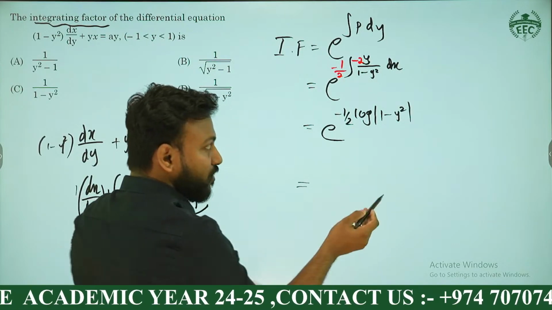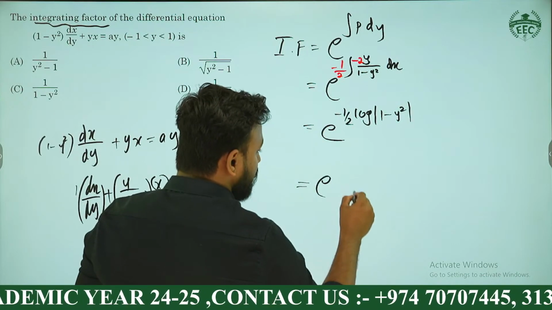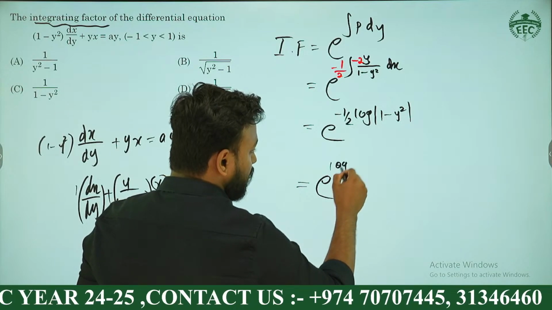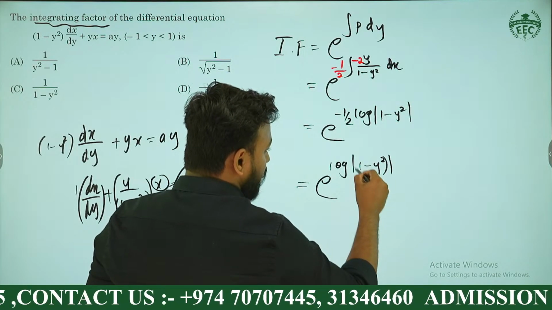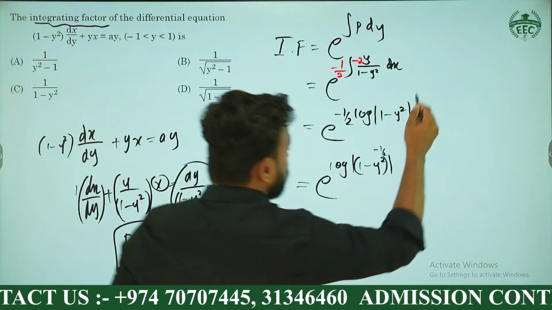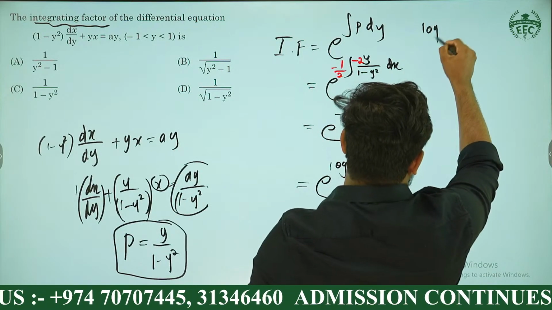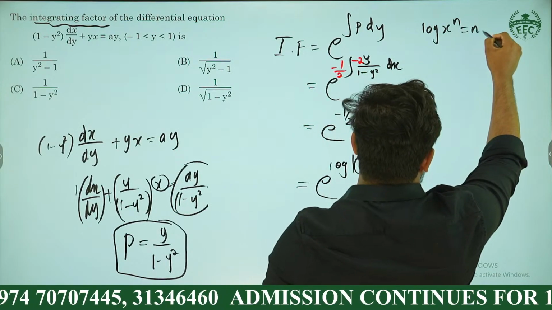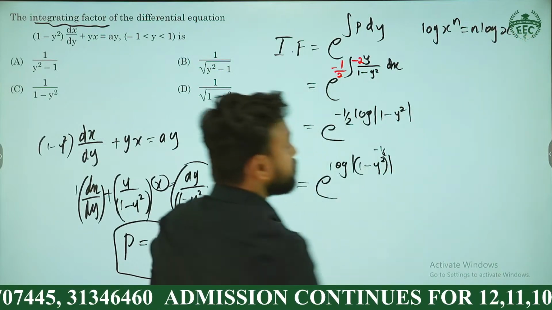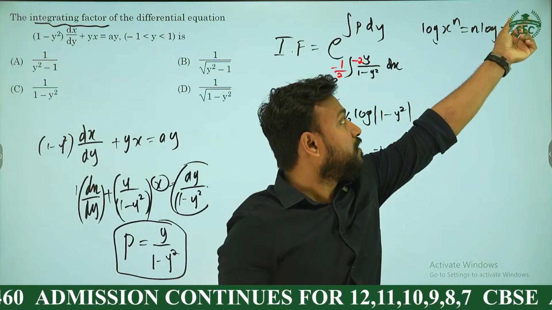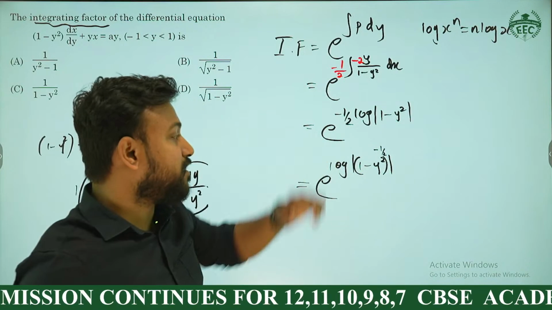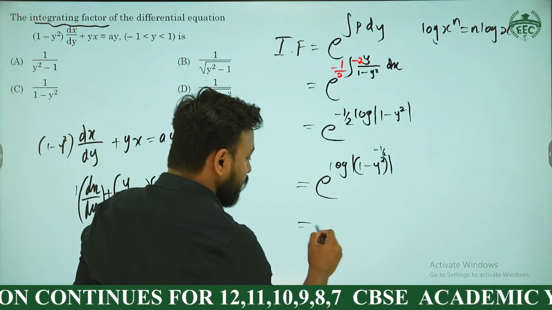We have already discussed that kind of thing. Then e raised to log mod (1 - y²) to the power minus 1/2 will be there. How does that happen? log xⁿ equals n log x, so you can take the coefficient of log to the power of the variable inside the log function.